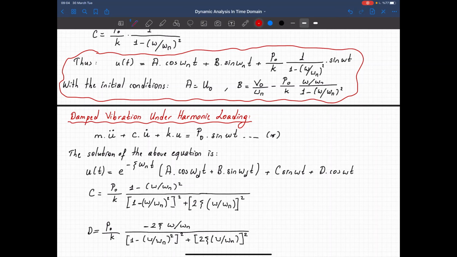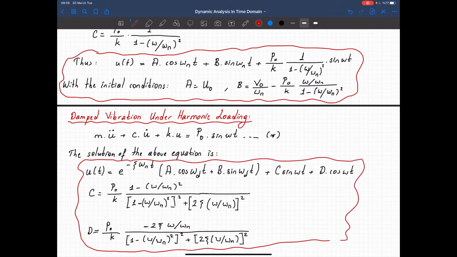So that's the solution. In order to find A and B, again, you will take a look at the initial conditions and make sure that they are equal to U0 and V0.